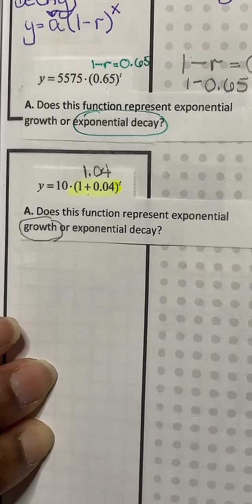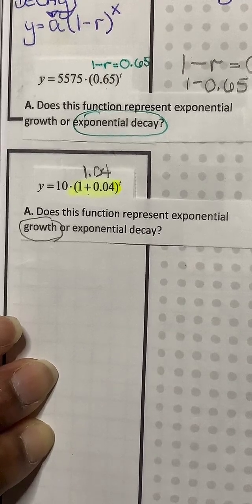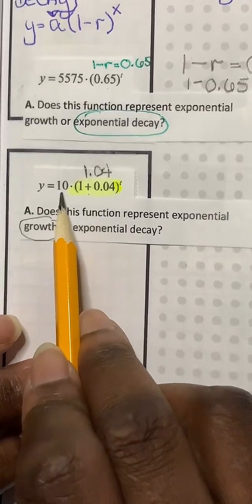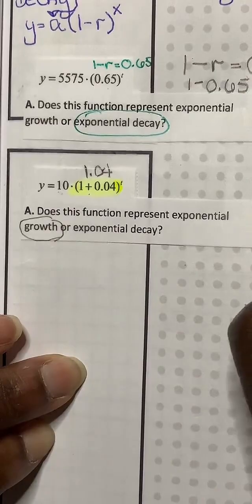What was my starting number? Okay, we got 10, 10, 10. Good job, guys. Awesome. So no matter what, this is your starting number. So that is going to be 10.